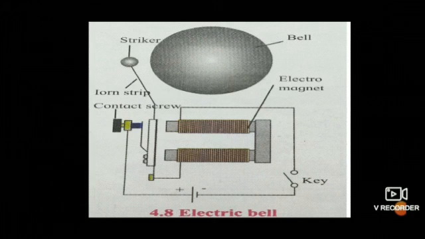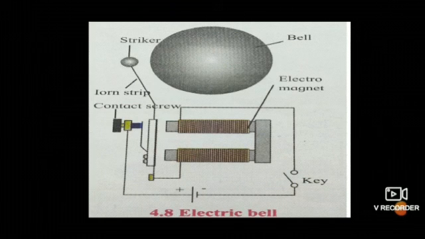When the switch is pressed on, current flows in the electromagnet. It then attracts the iron strip towards itself, causing the hammer to strike the gong. At the same time, the armature loses contact with the screw and the current is switched off.